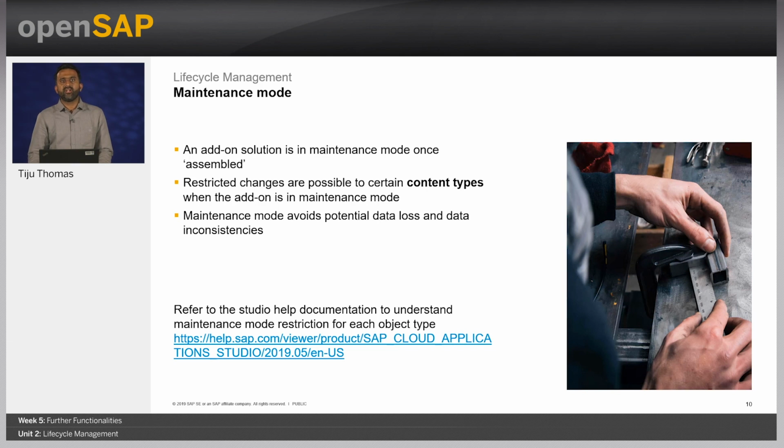These change and delete restrictions ensure that you do not make changes to a solution that could lead to loss of data or create inconsistencies or errors on a customer's production tenant. Refer to the Studio help documentation to understand maintenance mode restrictions for each object type.